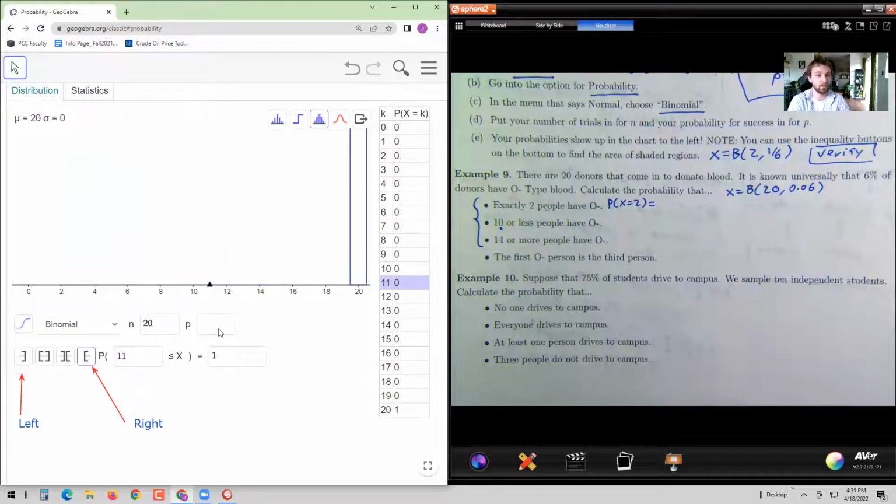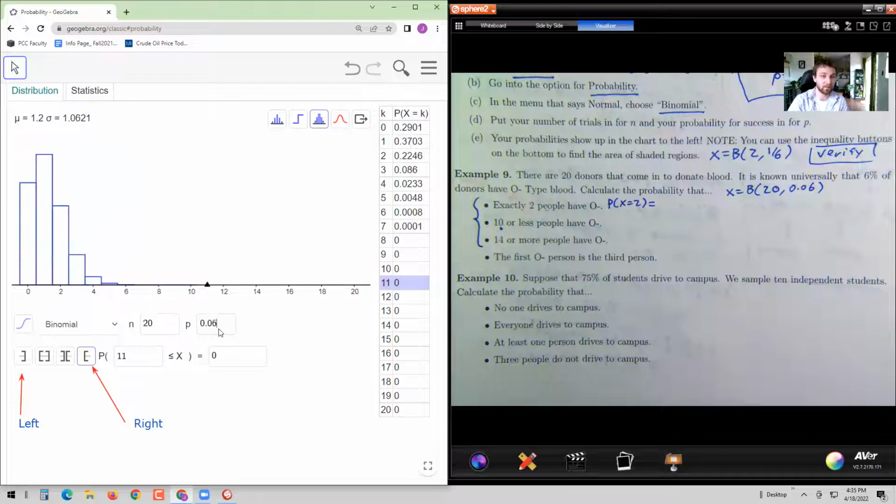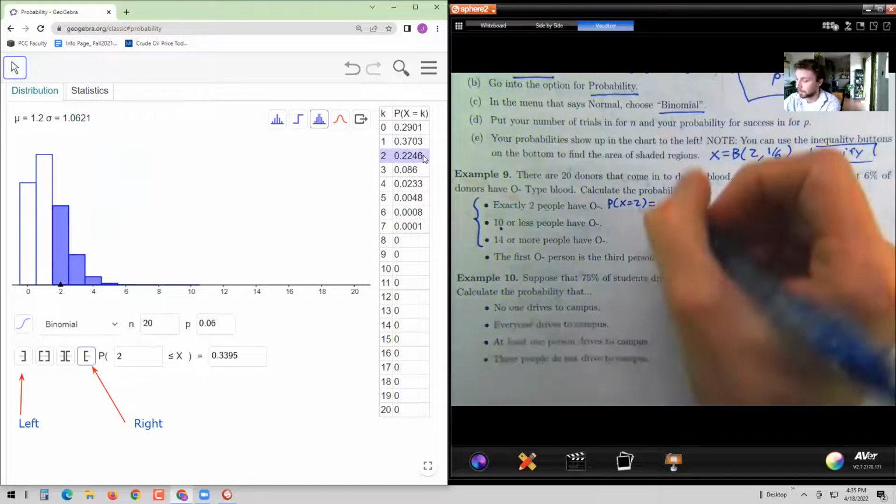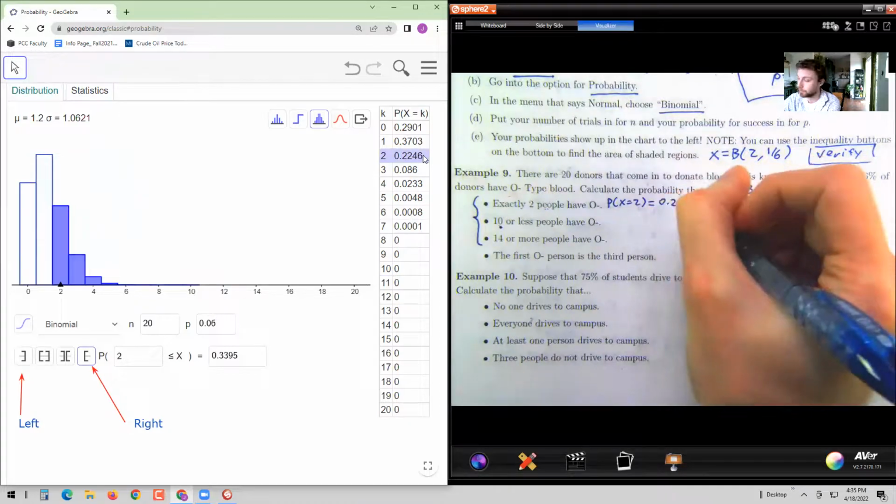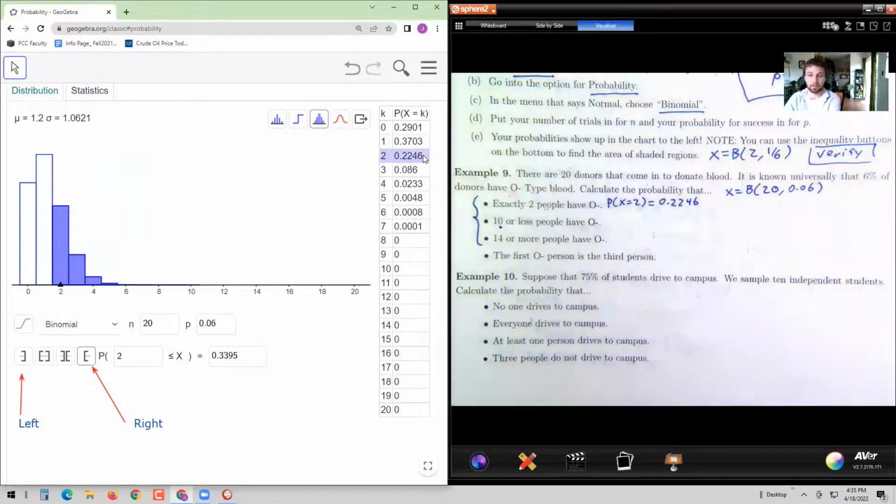For my p here, I'm going to have 0.06. And then I want equal to the block of 2. That's just that one number there of 0.2246. There's a 22% chance that exactly 2 people out of 20 will be O negative.